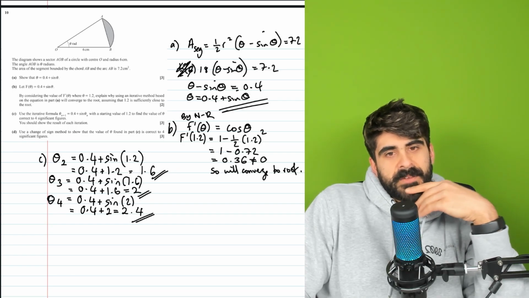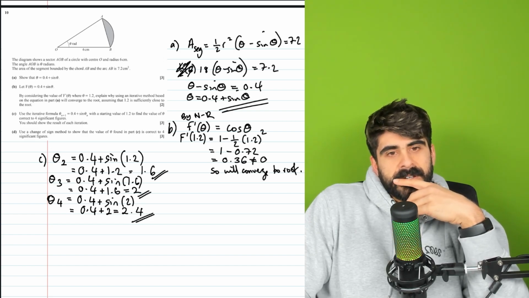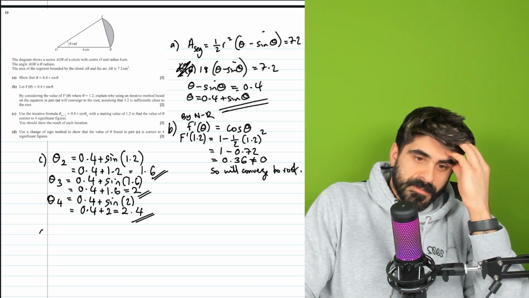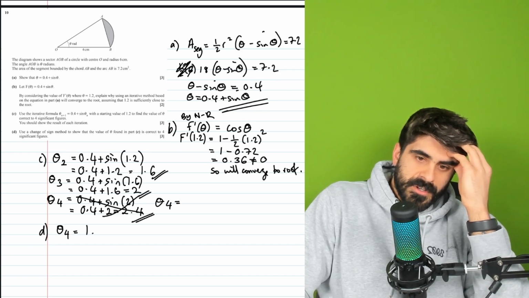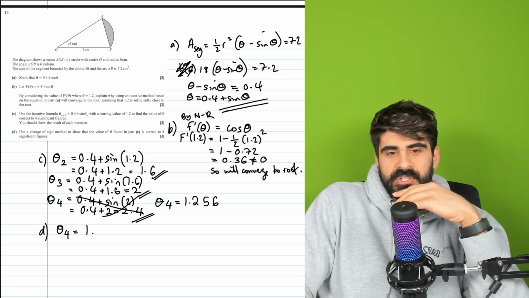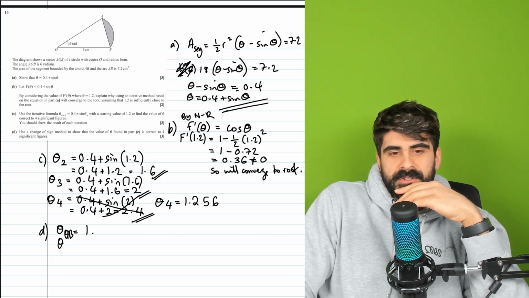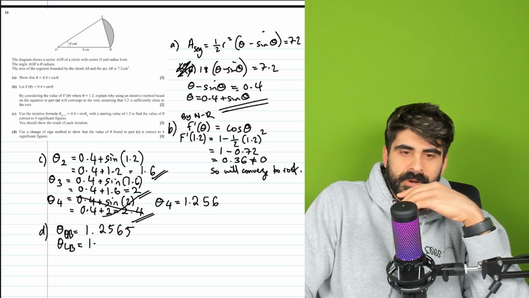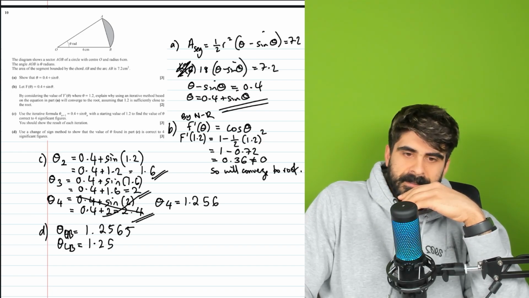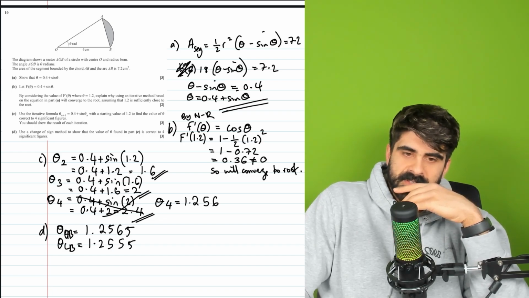Use a change of sign method to show that the value of theta found in part C is correct to 4SF. Now that's a problem because my answer is not 4SF. Let's just pretend I did this so badly that theta 4 was 1.256. So I need to do the upper bound and lower bound: 1.2565 and 1.2555, because you're treating that as 6SF.